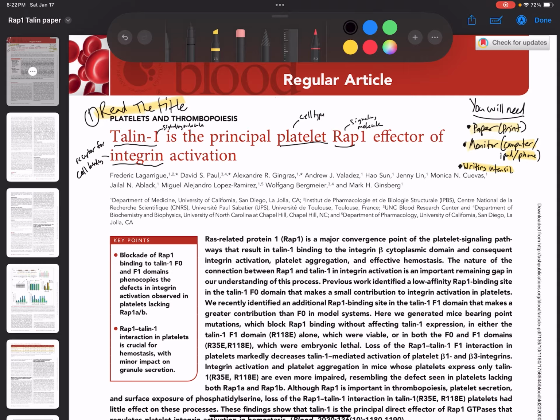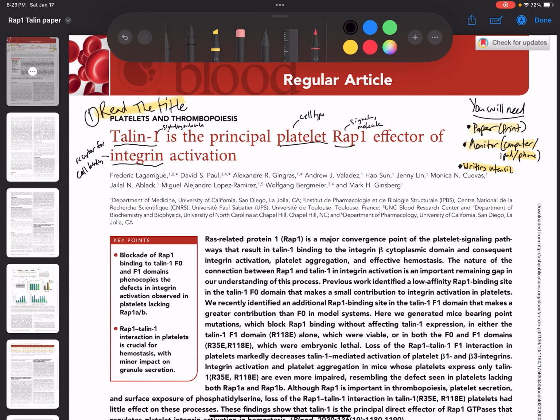I should at least know generally what the main players are. And you may or may not be able to decipher everything about what the paper is yet, just from the title. But you are now primed to know who is who, what is what, what are we dealing with here. So we are dealing with signaling molecules in a cell type, and that's somehow related to cell binding.